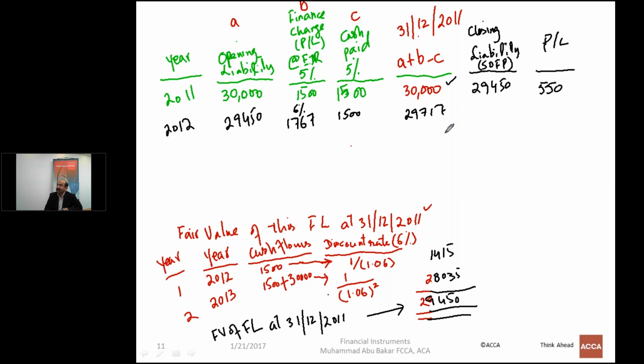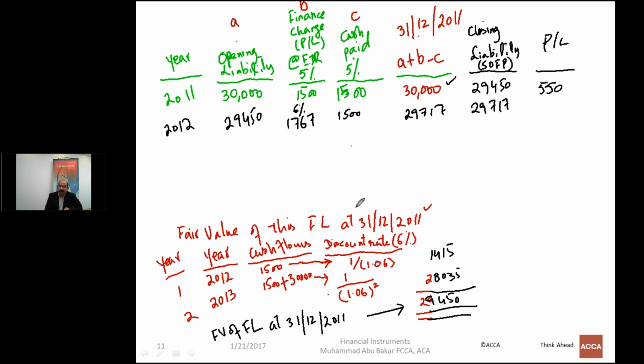Because the question is silent about the market interest rate at the end of 2012, the same will be the financial liability, because there is no change in the market interest rate.